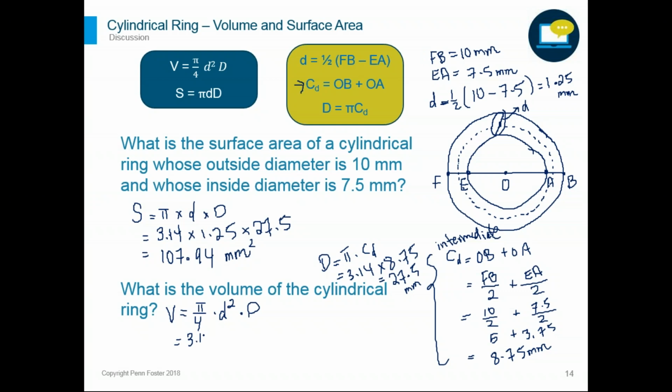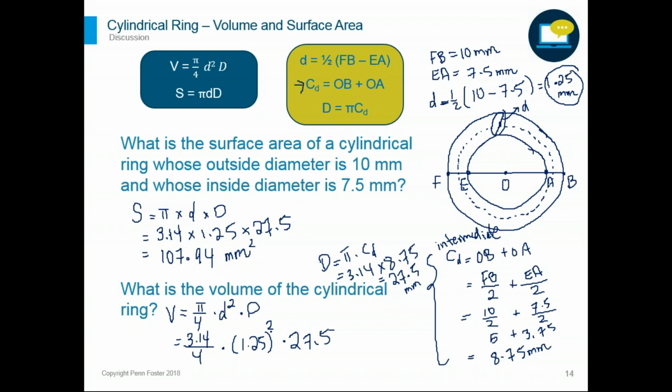So 3.14 divided by 4 times little d, we did find it out to be 1.25 squared, times the circumference, which is not the 8.75, it is the 27.5.